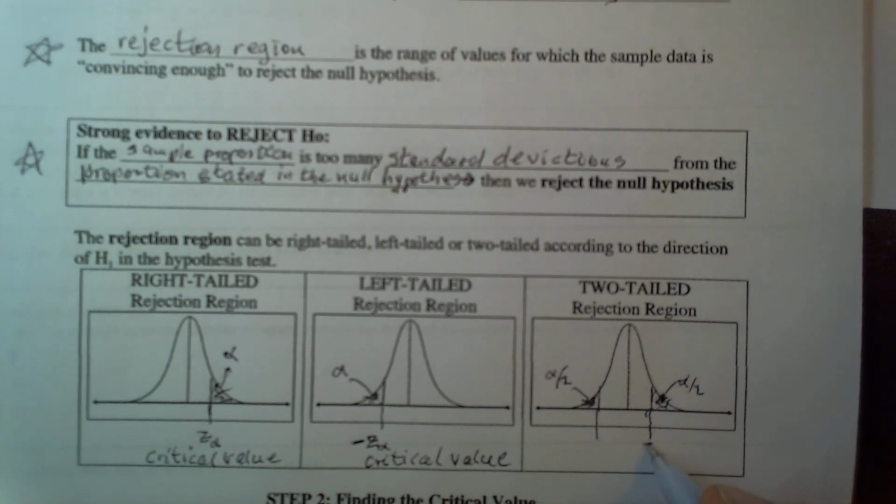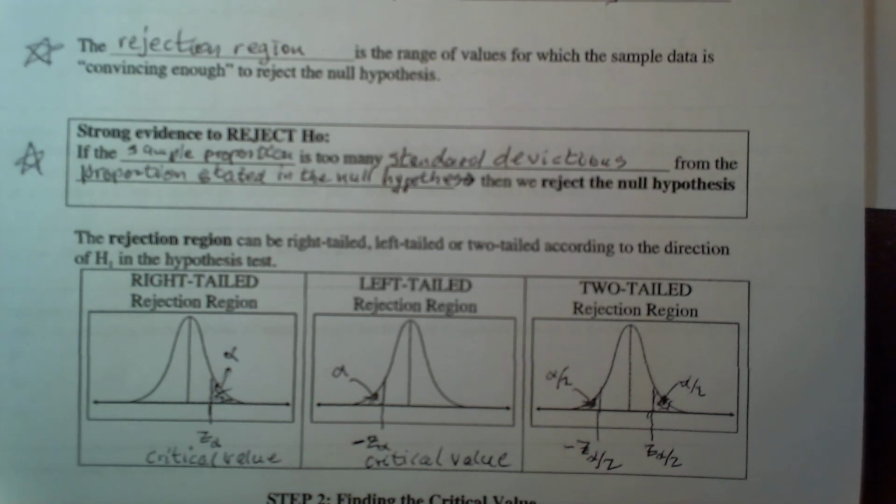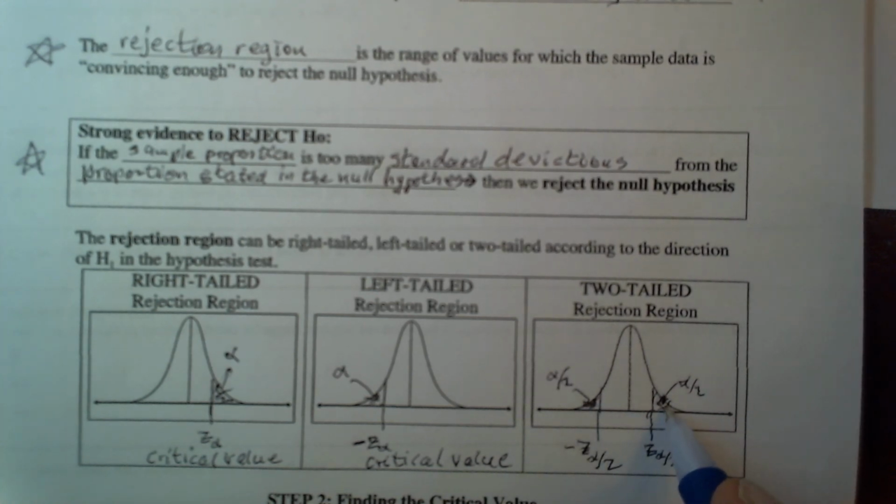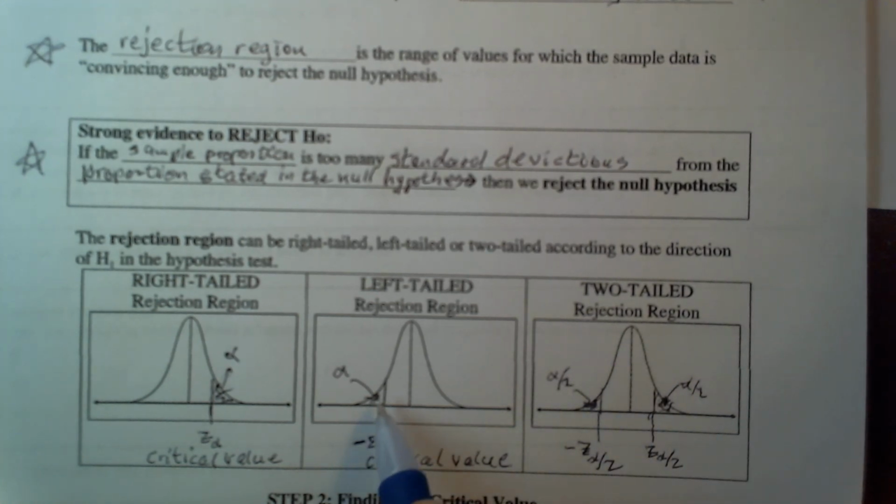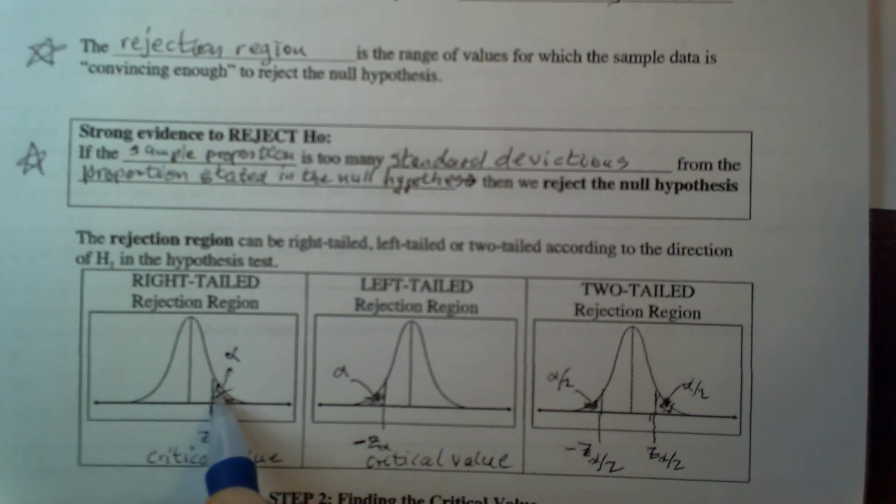And so this would be z sub alpha divided by 2, and this is minus z sub alpha divided by 2. So here we have the two critical regions for a two-tailed test: a critical region on the left, and a critical region on the right.